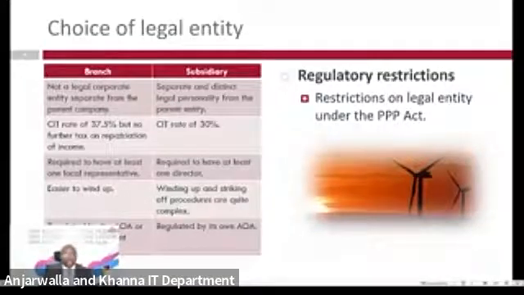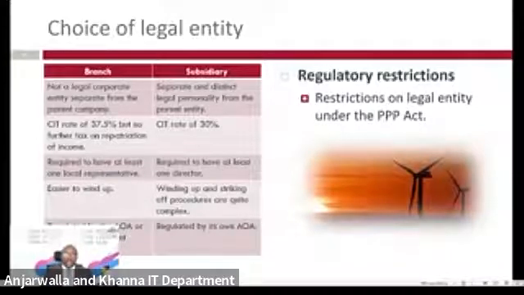Broadly in Kenya, there are two types of vehicles which can be used to implement PPP and infrastructure projects. It's broadly either a branch of a foreign entity or a subsidiary, which will be a locally incorporated company. There are differences from a legal and a tax perspective, as you will see from this slide.